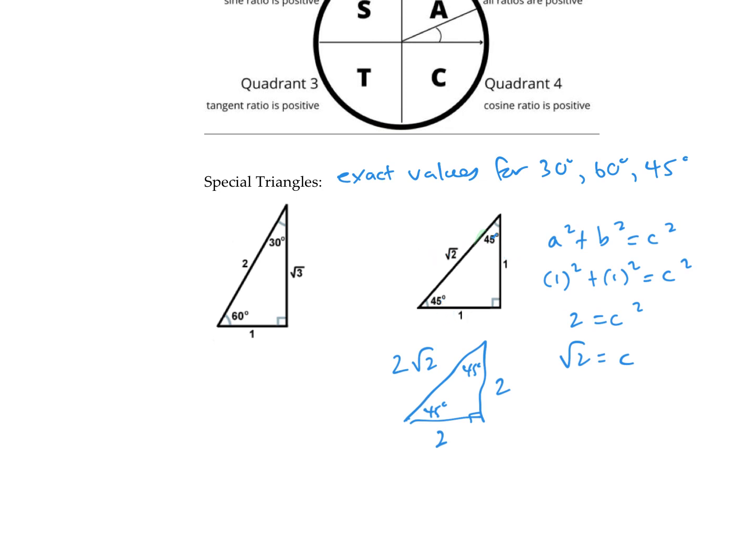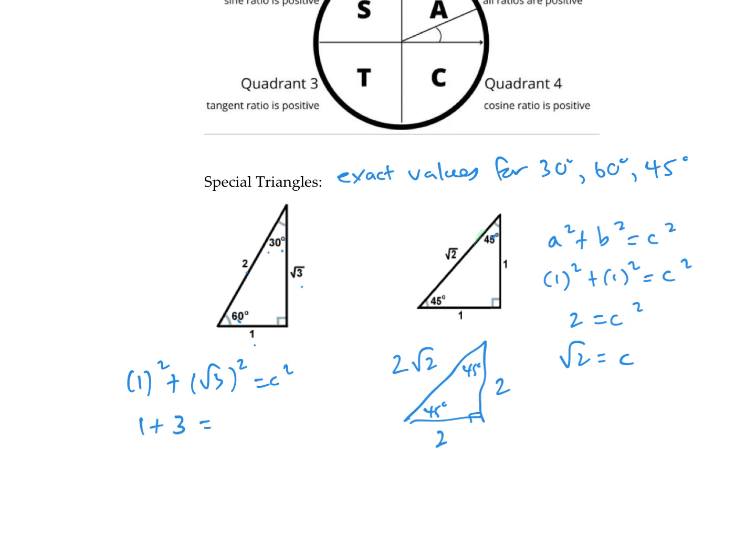And we have a similar triangle for 30 degrees and 60. Those sides are always in the ratio 1 next to the 60, root 3 next to the 30, and 2. And again, with the Pythagorean theorem, 1 squared plus root 3 squared is 1 plus 3, right?